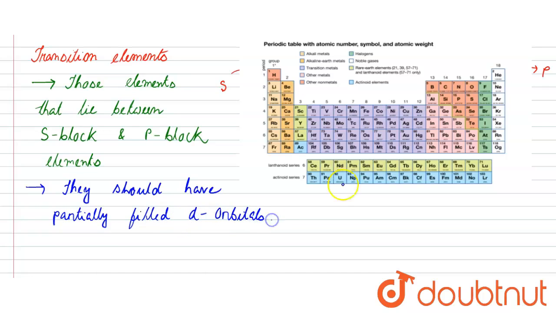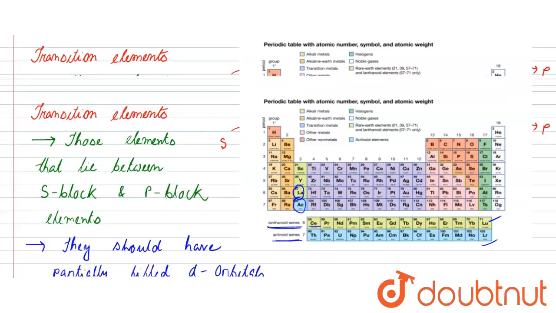Now as we can see here, lanthanum 57, then it begins from 58 to 71 lutetium. So from La to Lu, this particular series is known as the lanthanide series, and again from actinium Ac to Lr, this particular series is known as the actinoid series.